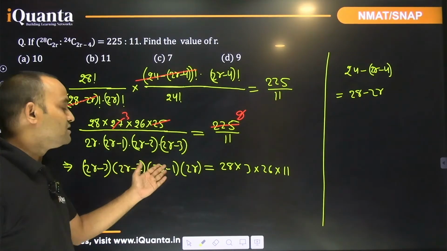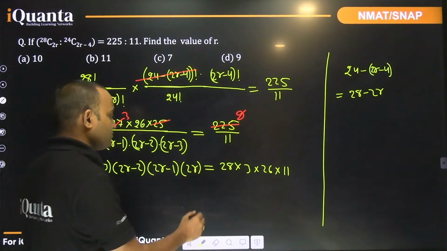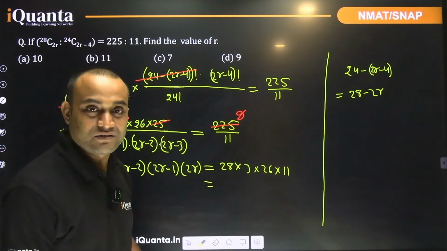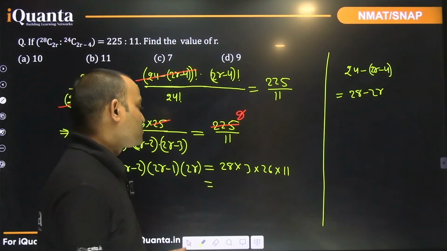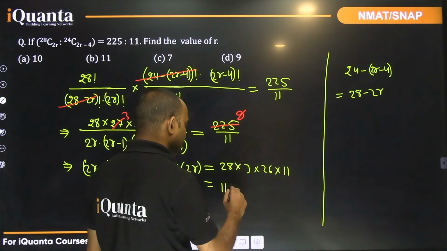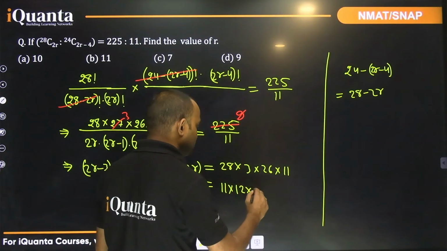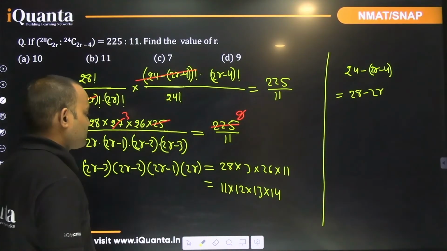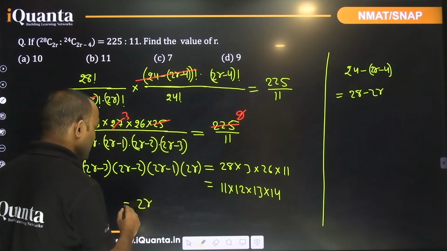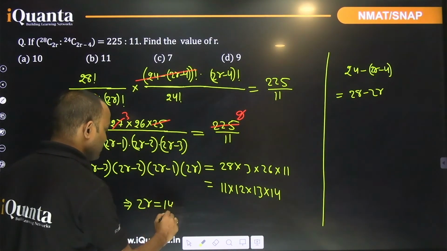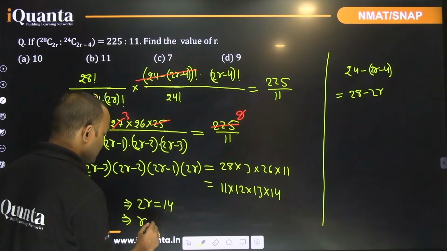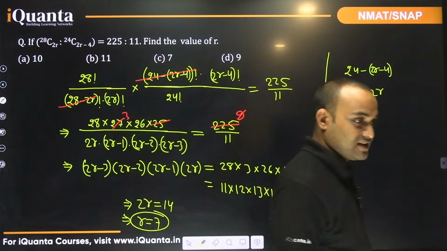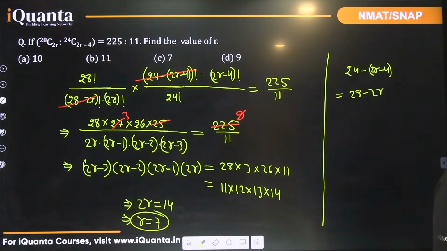How do you break this so that you are getting 4 consecutive natural numbers? So you can write it as 11 into 12 into 13 into 14. So we can say 2R is equal to 14 or R is equal to 7. So that's the answer.